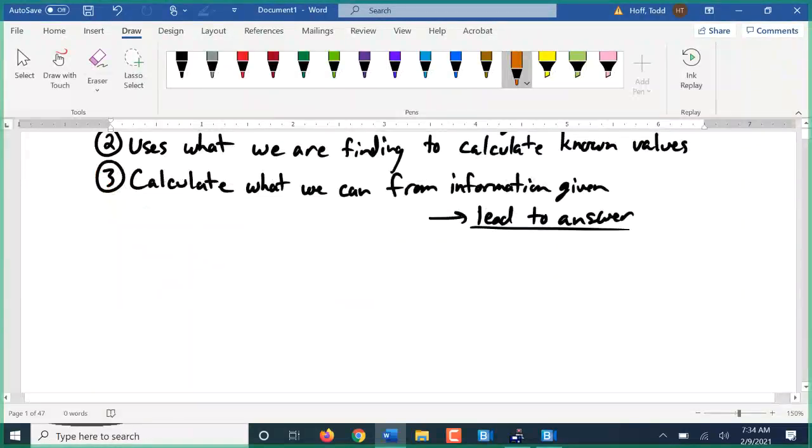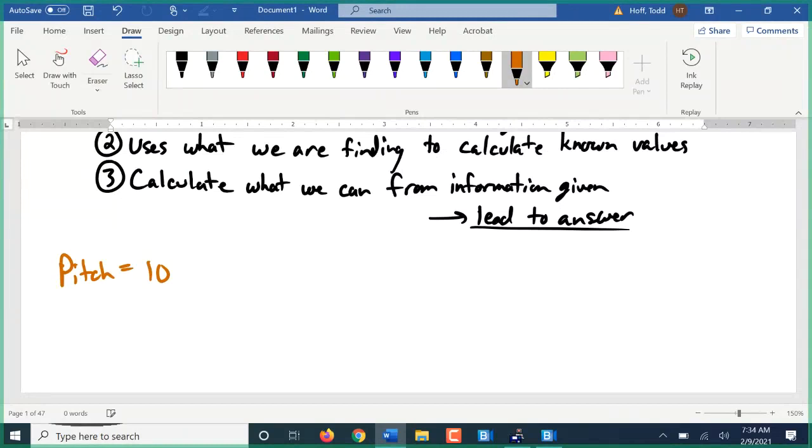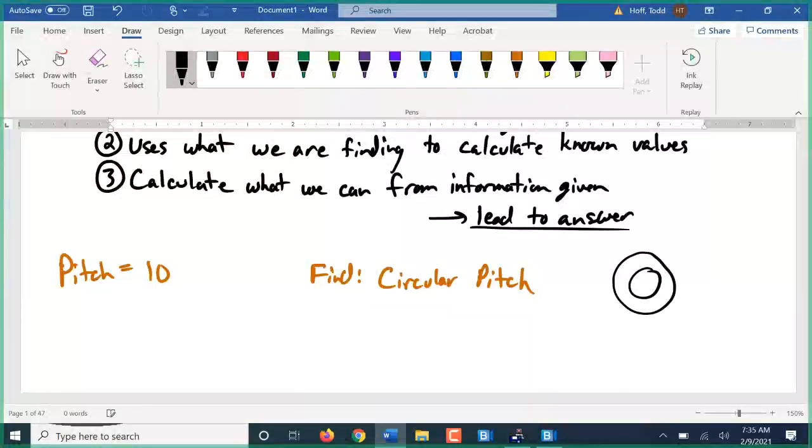If I give you the pitch equals 10, and I want you to find circular pitch. Now, we had discussed yesterday, looking at those spur gears, remember there's the inner diameter and the outer diameter of the gears. The inner diameter is just the hub, the outer diameter is to the very outside edge of the teeth.